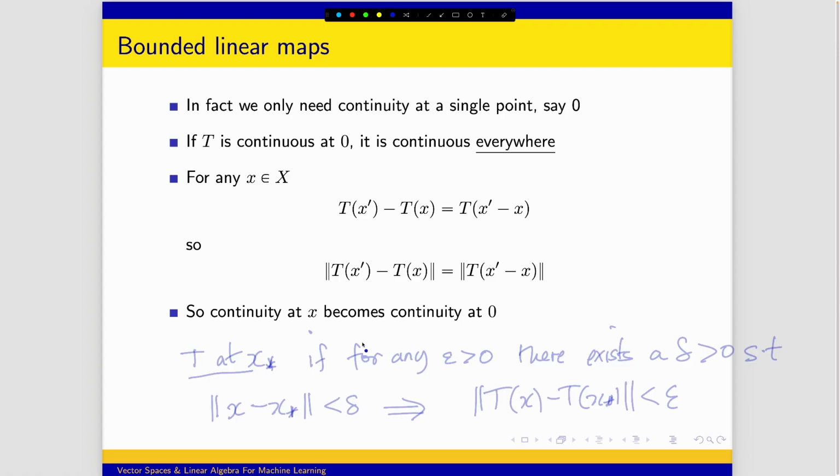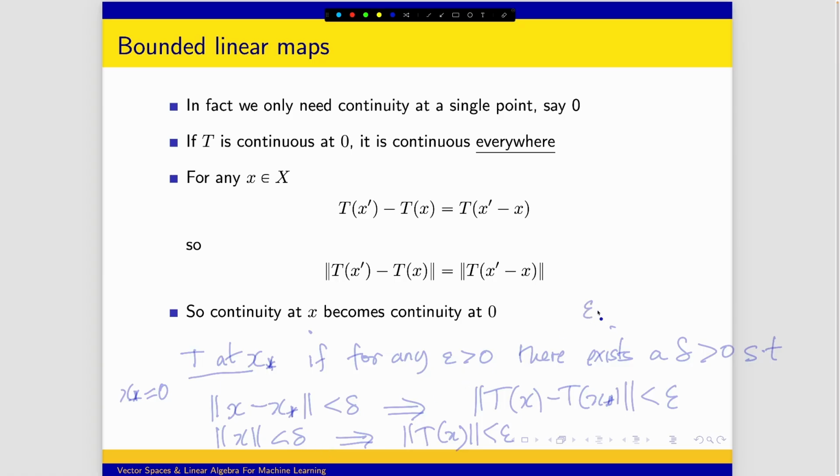And this is the so-called epsilon-delta definition. Now, what happens at 0? Well, we'll just put x star equals 0. And we get the norm of x less than delta implies the norm of T(x) is less than epsilon.